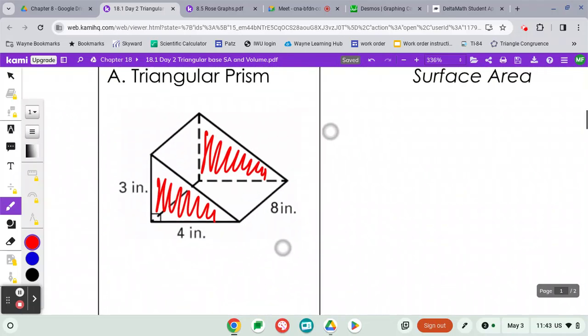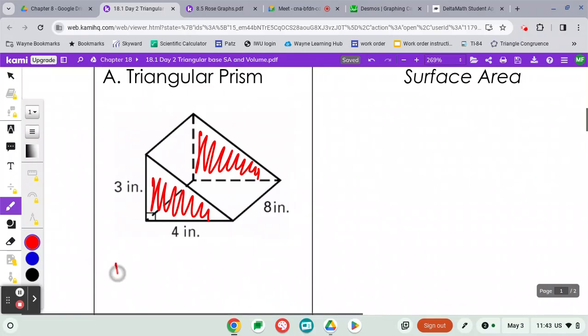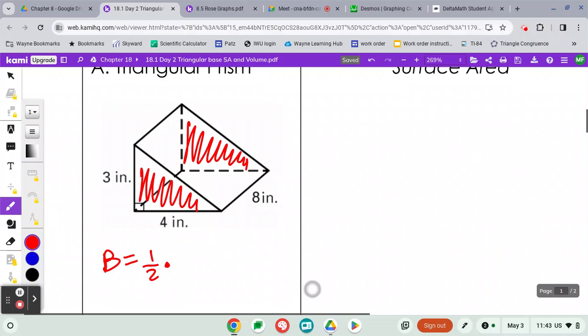So to find the area of my base, I take 1/2. What's the base of my base? 4. Good. And what is the height of my base? 3. Good. So do you see how both 4 and 3, those are the base of my base, the bottom of my base, and the height of my base.